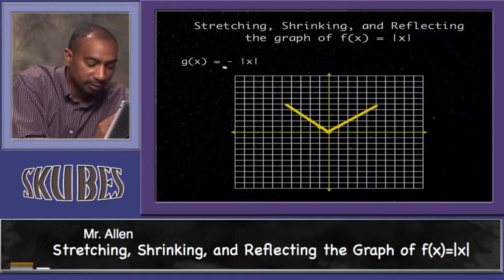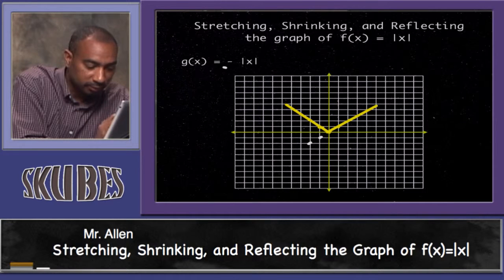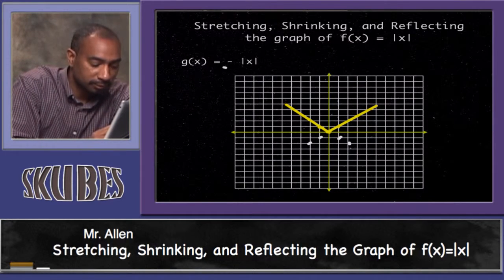When x is negative 1, I go down 1, I get negative 1. When x is negative 2, I go down 2. When x is 1, I go down 1. When x is 2, I go down to negative 2. So you're going to get a graph that looks like this.